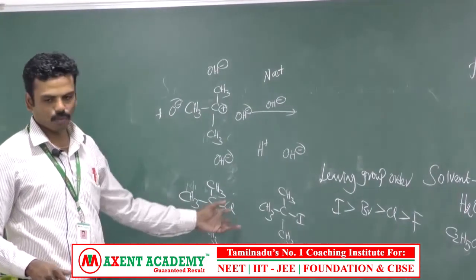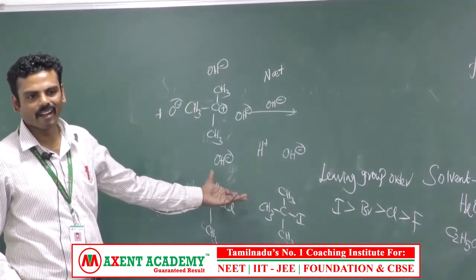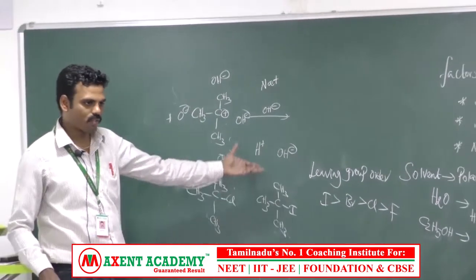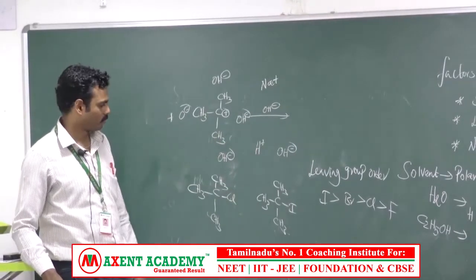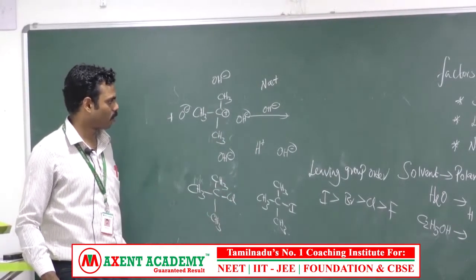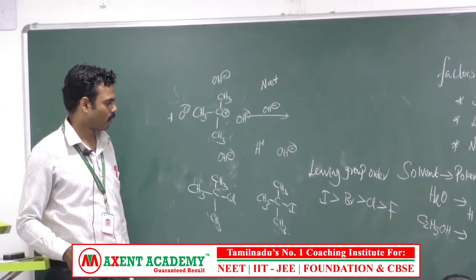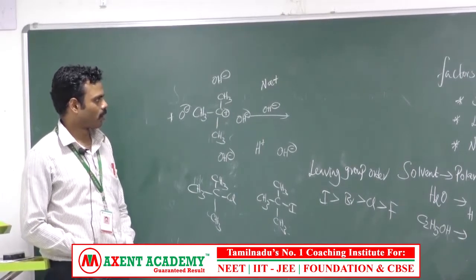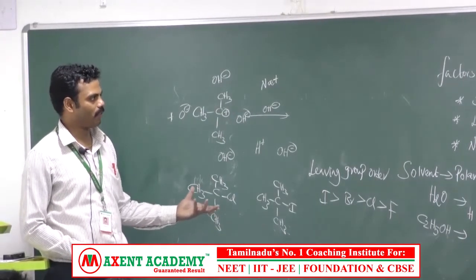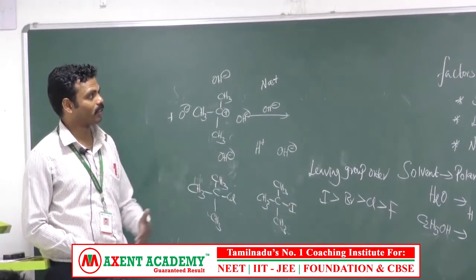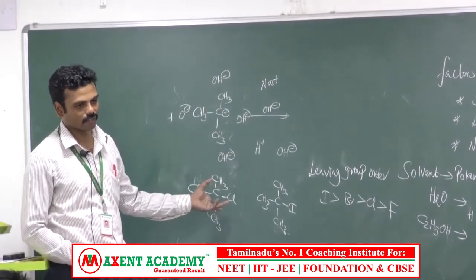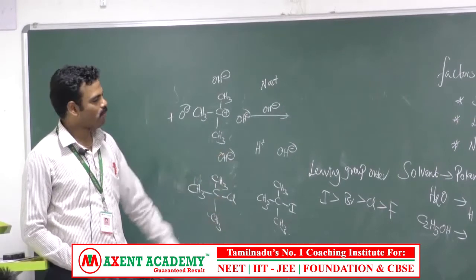So comparatively, which one can make SN1 faster? The molecule which is having I. This is with respect to the leaving group, the factors of the leaving group, and how it is influencing the SN1 reaction.